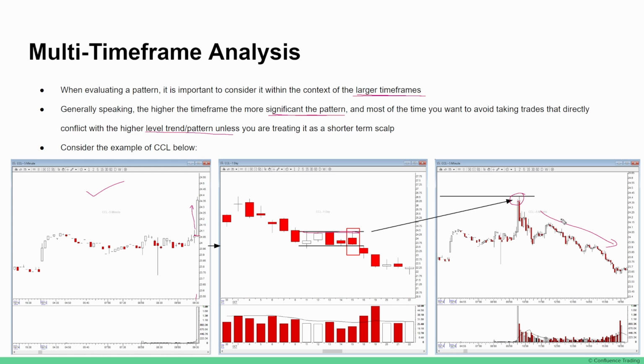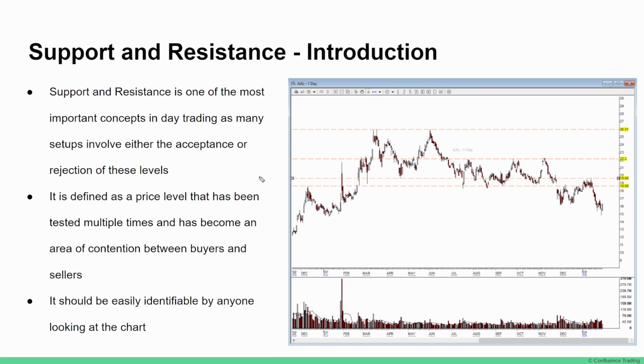You would have stopped out for sure, and you would have lost for the entire rest of the day because you were trying to trade against a pretty clear downtrend in price on the daily level. So that's an example of multi-timeframe analysis. This is a concept that's going to come up throughout the course, so I just wanted to introduce it very quickly here.